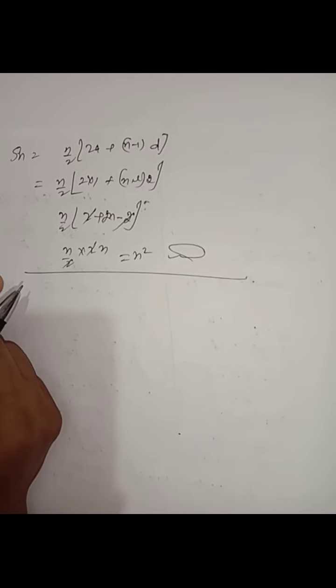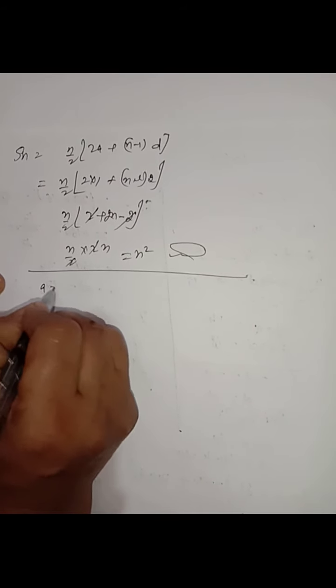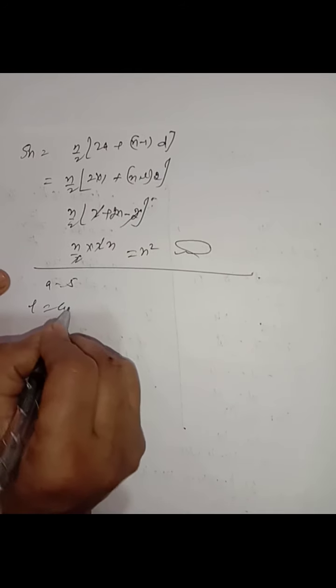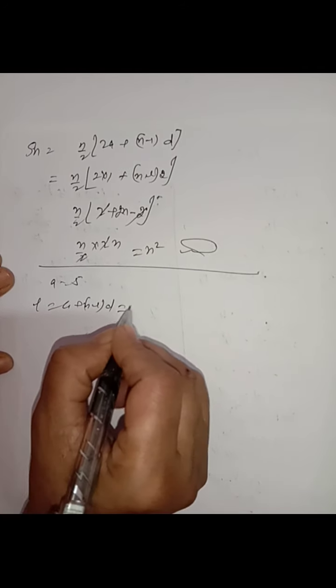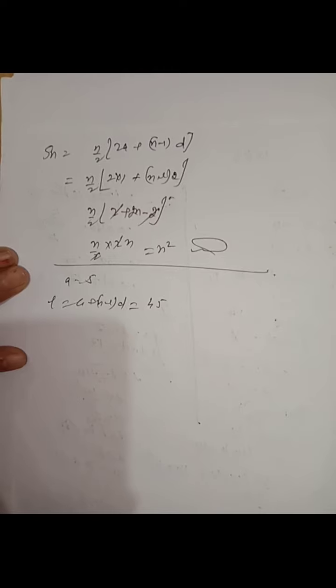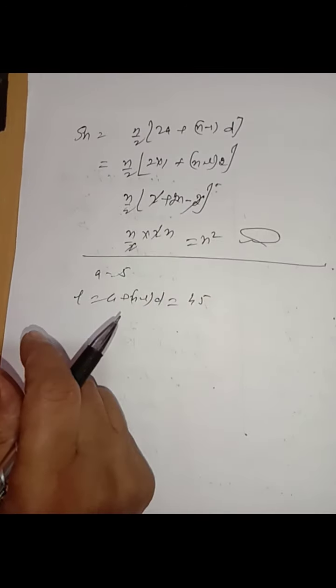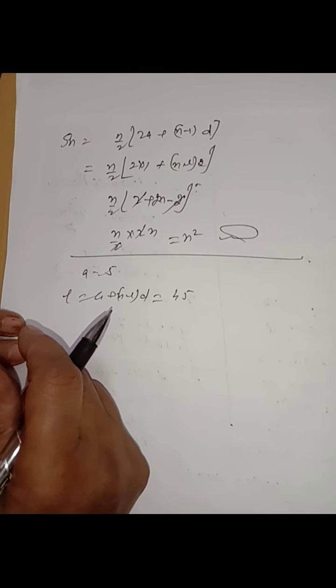Now question number 7. The first term of the AP is 5, so a is equal to 5. The last term L, a plus n minus 1 into d, is given as 45, and the sum of its terms is 1000.